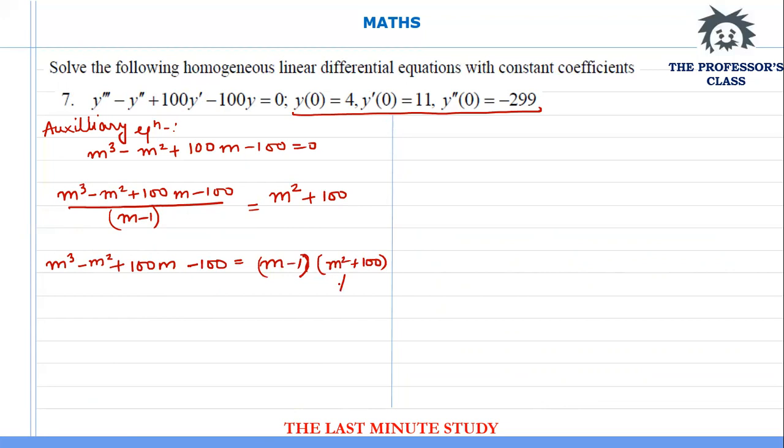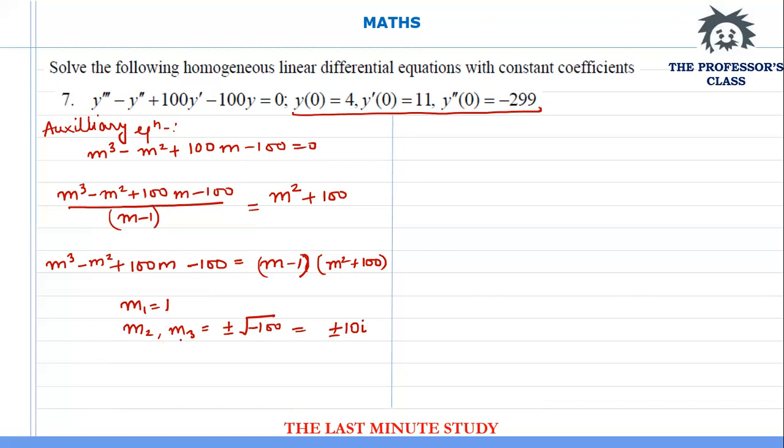Now I can write down that m1 equals 1, and m2 and m3 are equal to plus or minus the square root of minus 100, which equals plus or minus 10i.